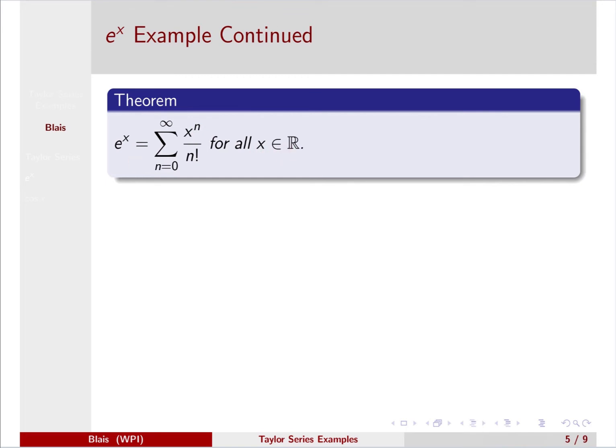We have to show that it equals e to the x. But at this stage, we can state as a theorem that it does. And so this is another version of e to the x. It's another way of writing it. Again, the proof requires Taylor's theorem, which is coming.